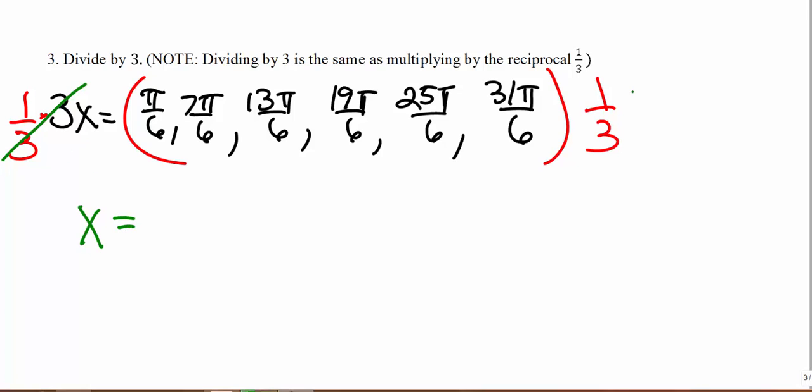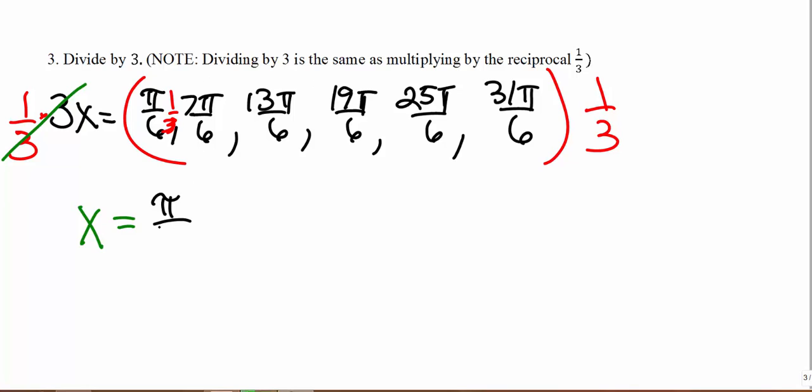So we get x is equal to, now we're going to multiply each of these fractions by 1/3. Now if I multiply by 1/3, all of the denominators are going to get multiplied by 3, so all of the denominators are going to become 18. All the numerators are going to stay the same because when I multiply the top by 1, it stays the same.